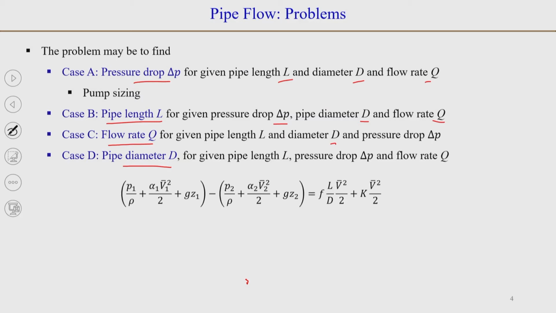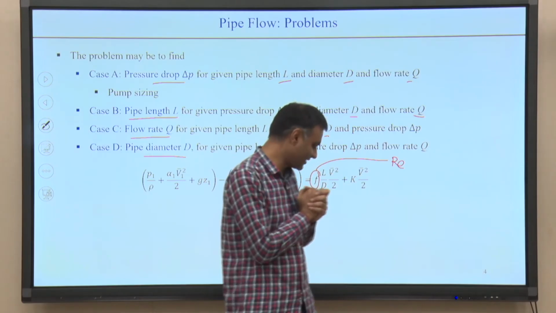Now, if we look at it from the problem solving point of view, we have this equation, and in this equation f is a function of Re and roughness. Roughness we already know, if we know the piping system configuration and what kind of material we want to use, then we will know the pipe roughness.